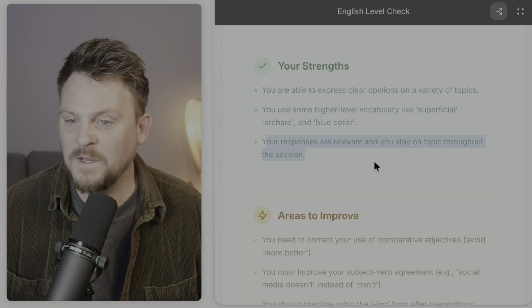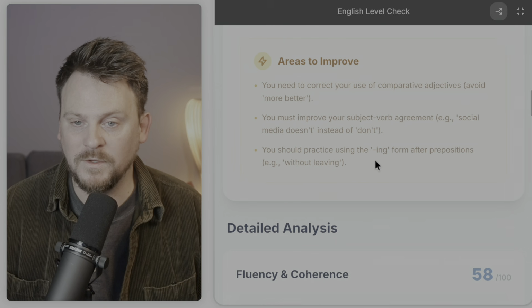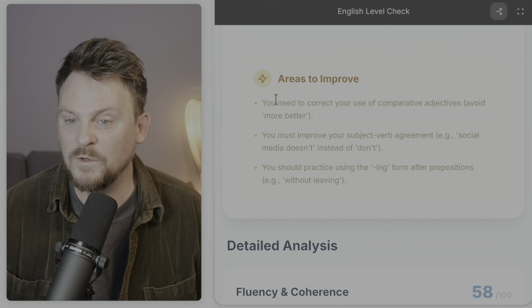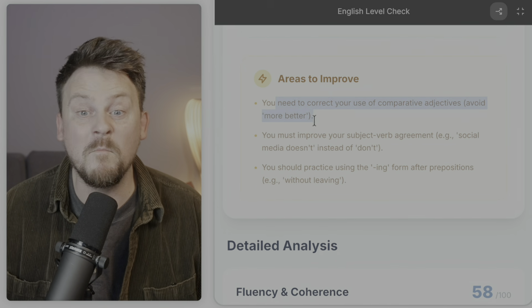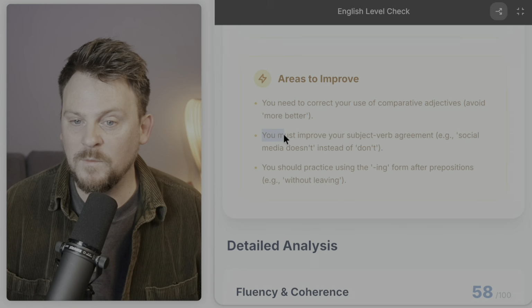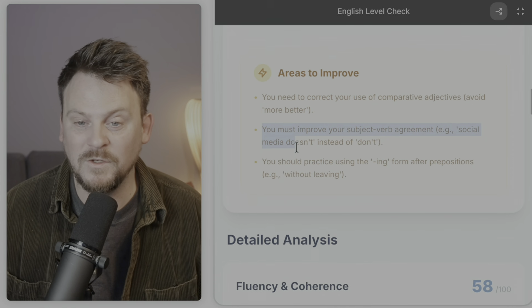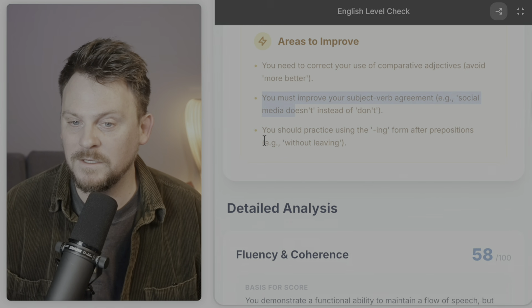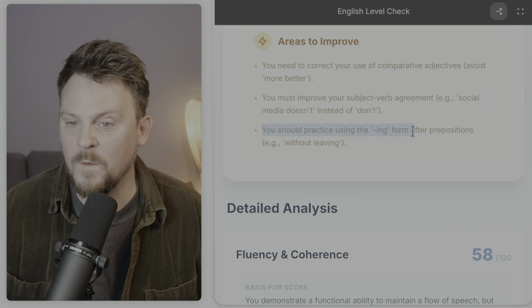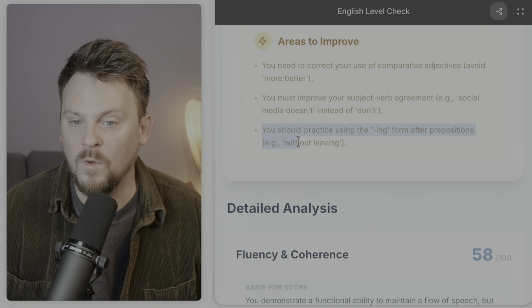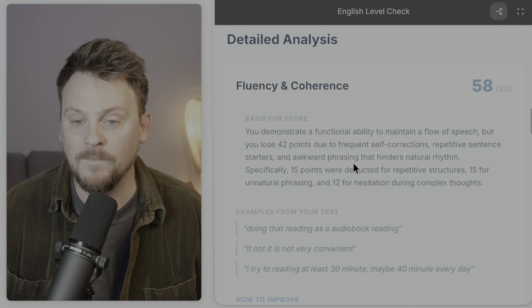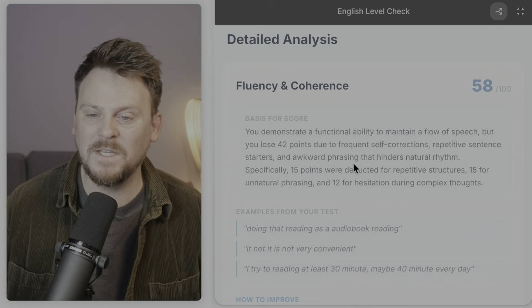Your responses are relevant and you stay on topic throughout. Okay, areas to improve, correct your use of comparative adjectives, avoid more better. You must improve your subject-verb agreement. Social media doesn't instead of don't. Right. You should practice using the ing form after prepositions. For example, without leaving. Yeah, okay. But it's still not specific enough.